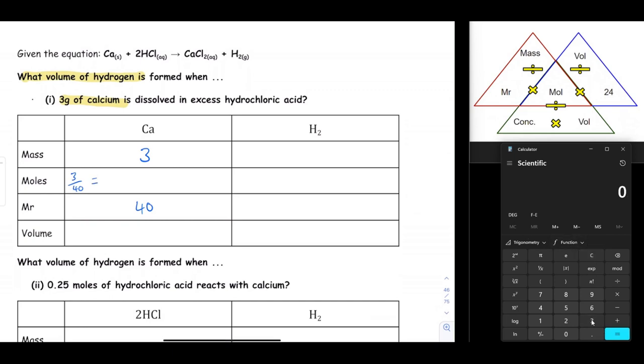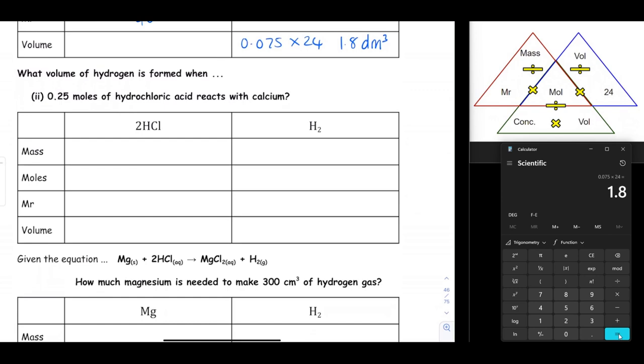Let's do that. 3 divided by 40. 0.075 moles. I've got a 1-to-1 ratio between my calcium and my hydrogen. So if I've got 0.075 moles of calcium, I've also got 0.075 moles of hydrogen. Now I need to find the volume of hydrogen. So if I know the moles already, I just times it by 24. 0.075 times by 24 gives me 1.8 decimeters cubed.